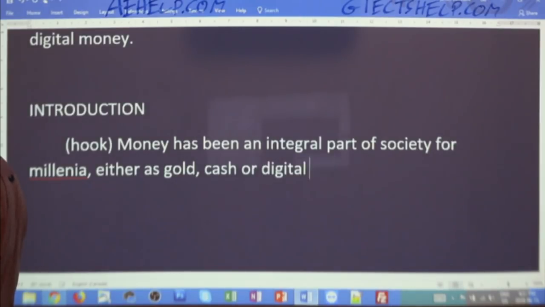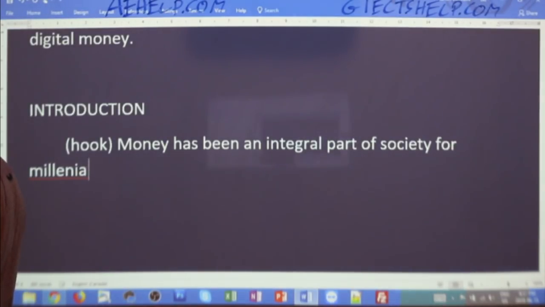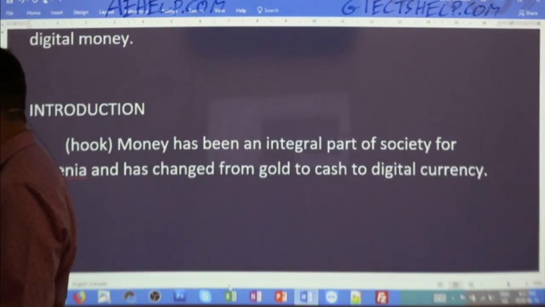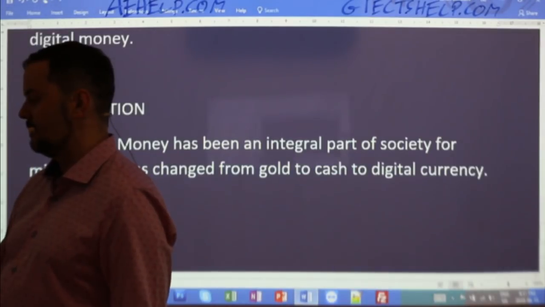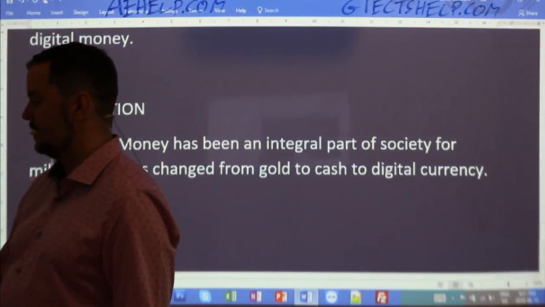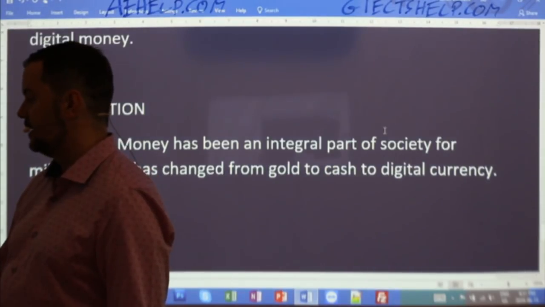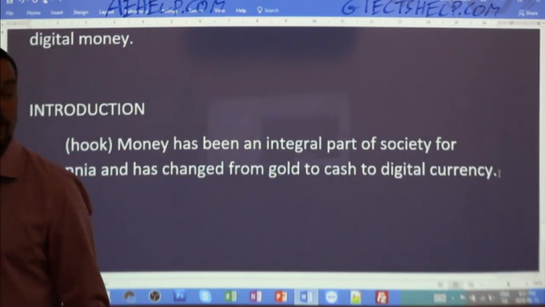So for millennia, and has changed from gold to cash to digital currency. Now, this is maybe a little bit more complex than I would recommend for an average student to use for the IELTS. But if you are going for a high mark, like an 8 or a 9, then you're pushing this kind of a hook, okay?